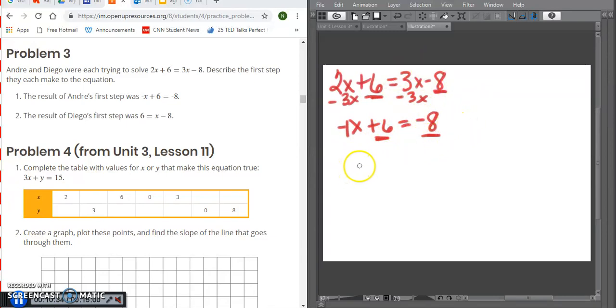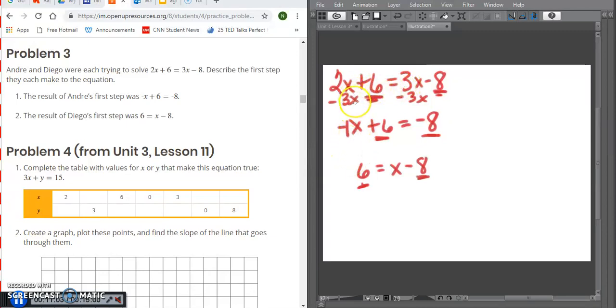Diego ended up with 6 equals x minus 8. Well, still the 6 is the same. Still the negative 8 is the same. This time, Diego got a positive x. Well, that means Diego moved the x term on the opposite side from Andre.